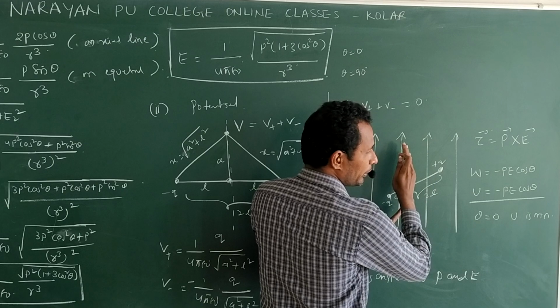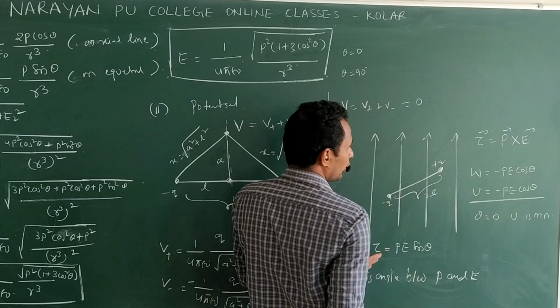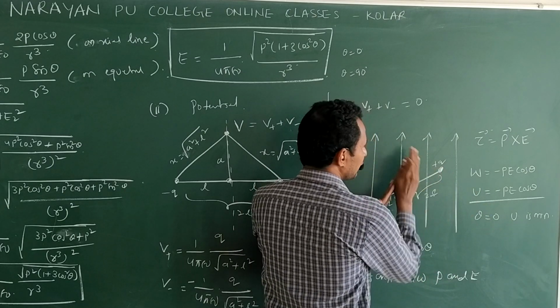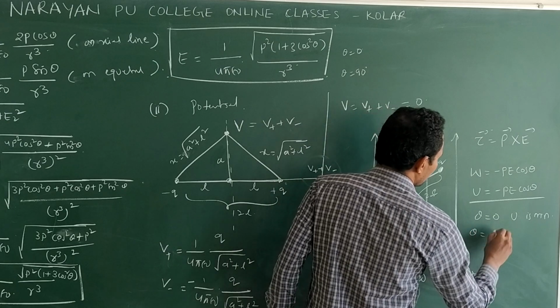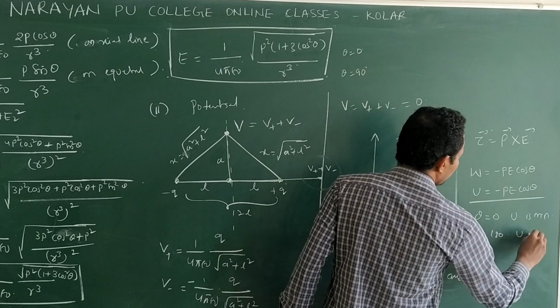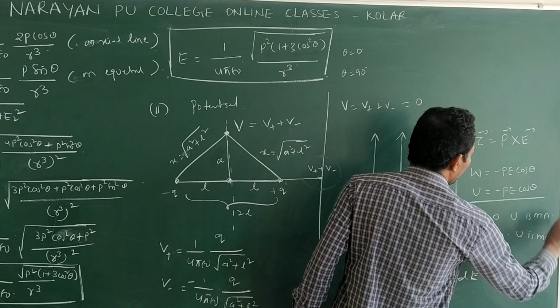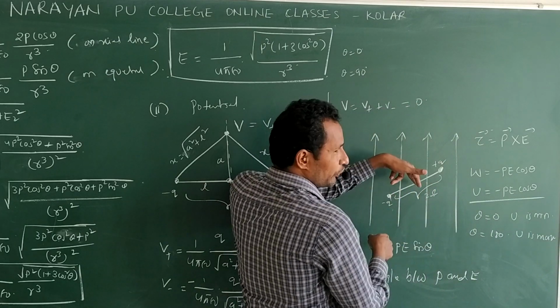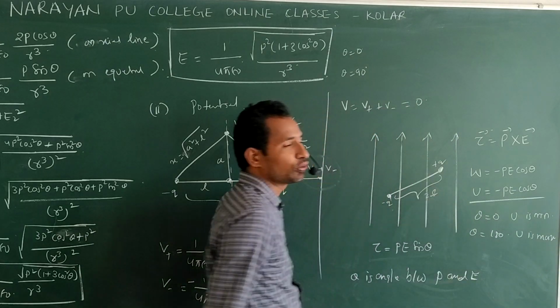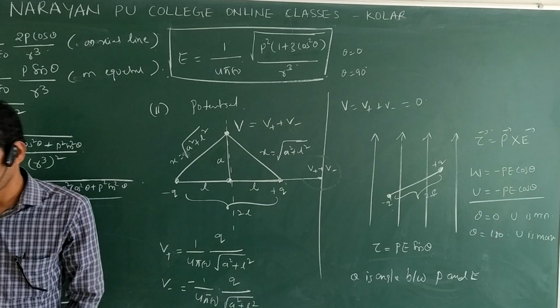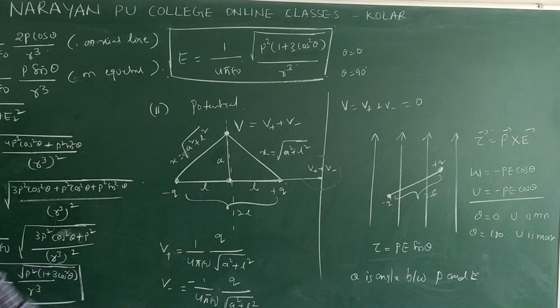That is stable equilibrium. Since U is minimum, if you slightly rotate it, it comes back. If θ = 180, U is maximum, unstable equilibrium. If you reverse it, it never comes back to the original position. Clear? So this is very, very important: stable equilibrium and unstable equilibrium.